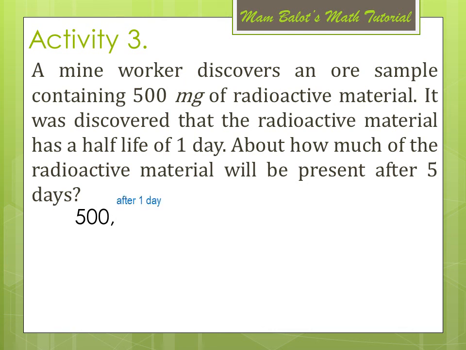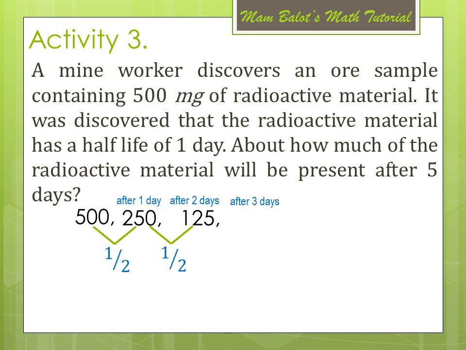So after 1 day, we divide the radioactive material by 2 or multiply by 1/2, so we get 250. After 2 days, multiply again by 1/2, so we get 125. After 3 days, multiply by 1/2, we have now 62.5.